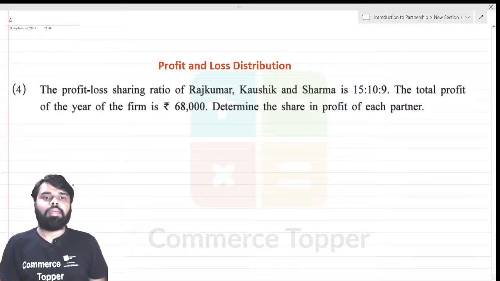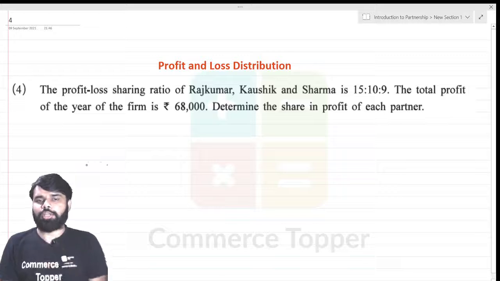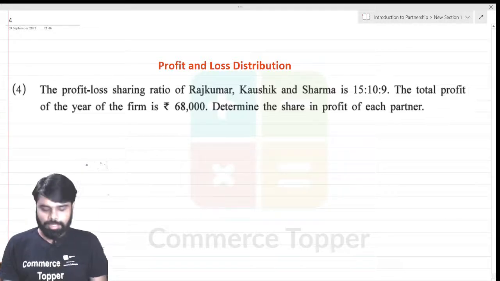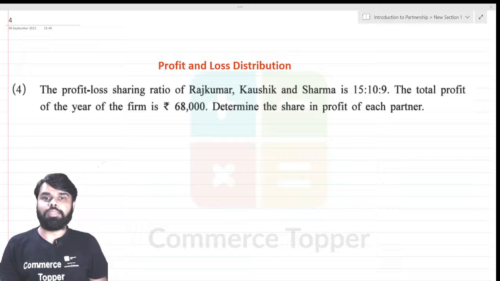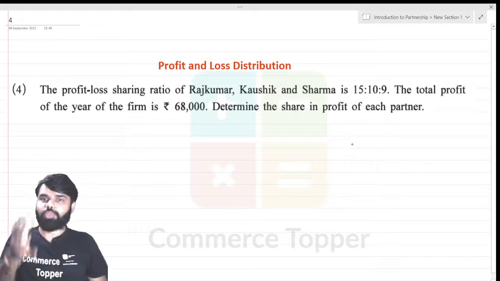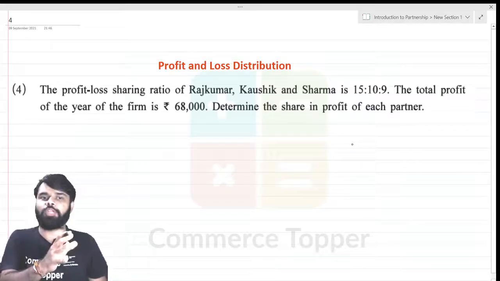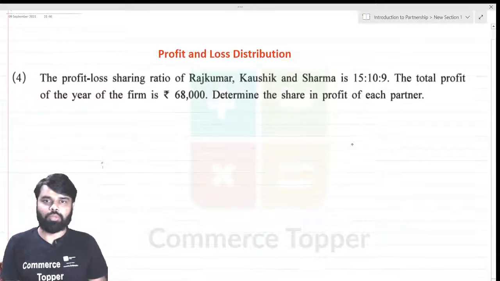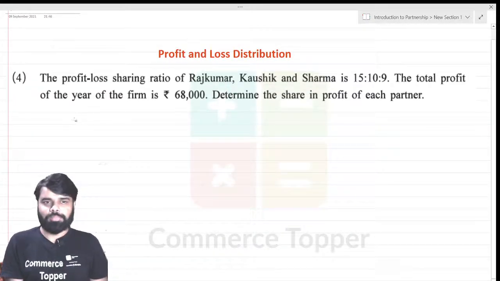Question says the total profit and loss sharing ratio of Rajkumar, Kaushik and Sarma is 15:10:9. The total profit of the year of the firm is 68,000. So it is very simple.